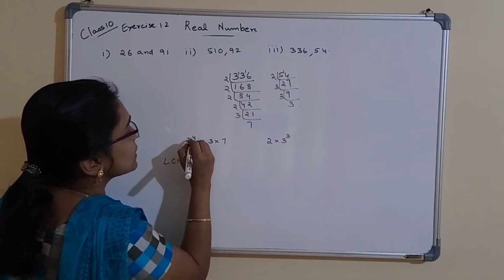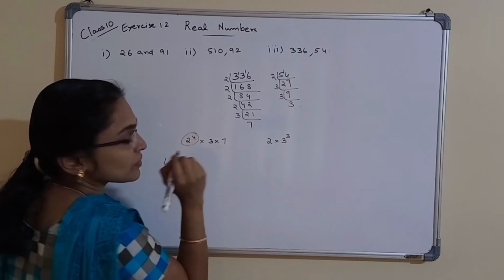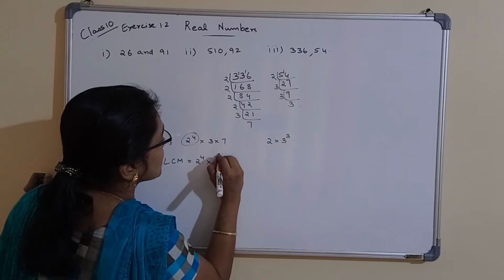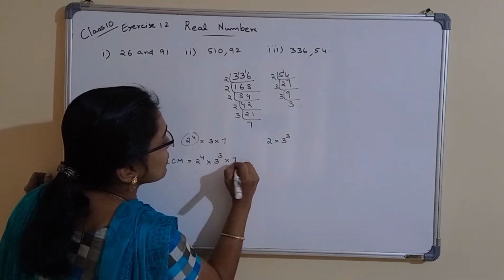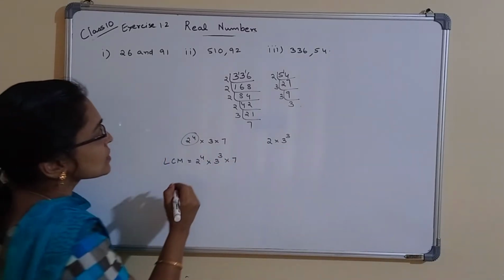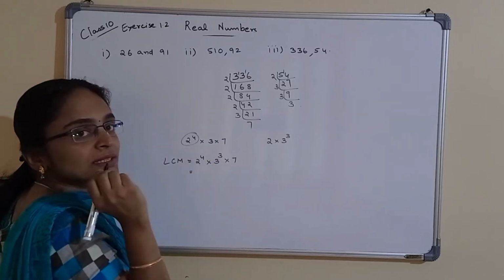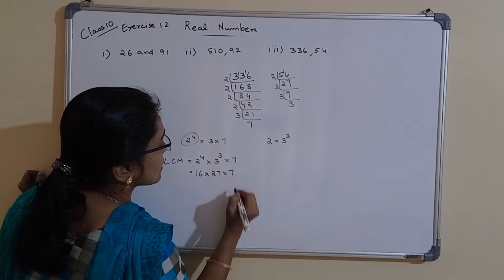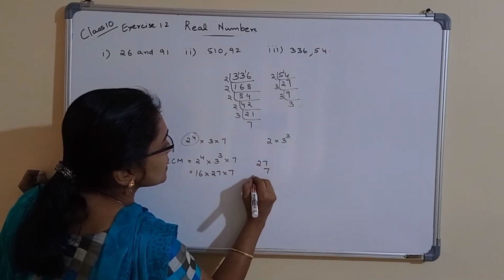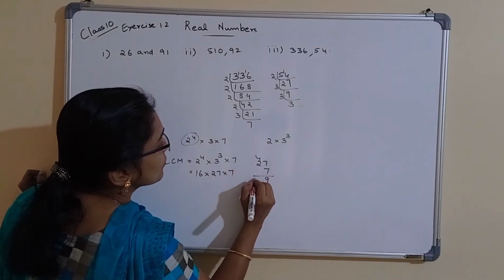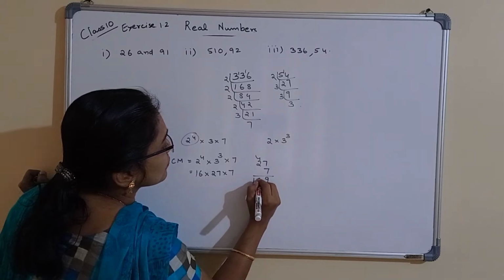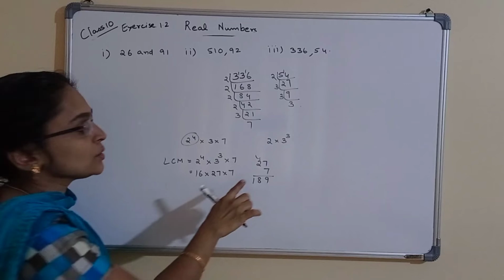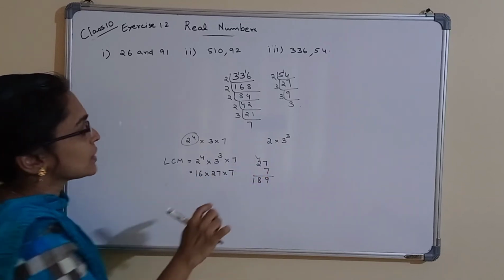Okay, so what is the LCM? For LCM, we have to take the highest number of times it is occurring. So 2 raised to 4 into 3 cube into 7. Right? So this is equal to 2 raised to 4 is 16. 16 into 27 into 7. 27 into 7 is 189. 7 sevens are 49, 4 carry, 2 into 7 is 14 plus 4 is 18.